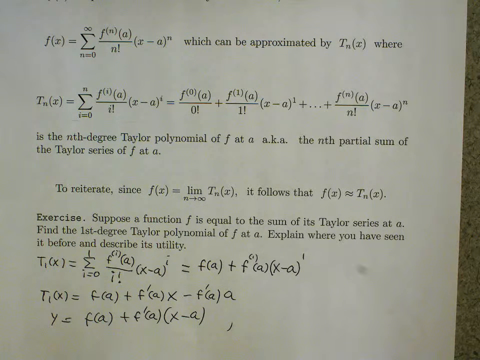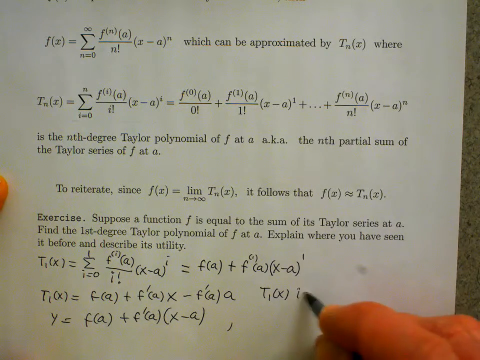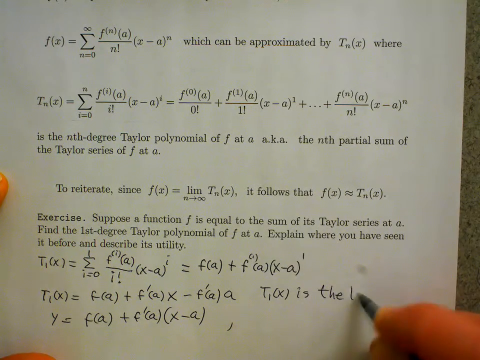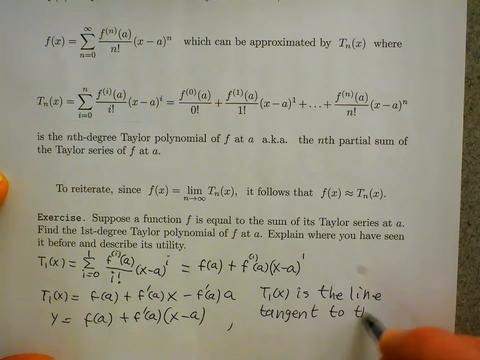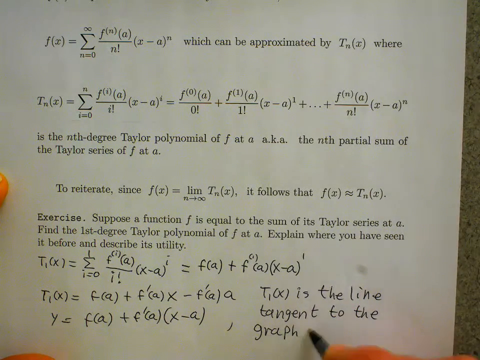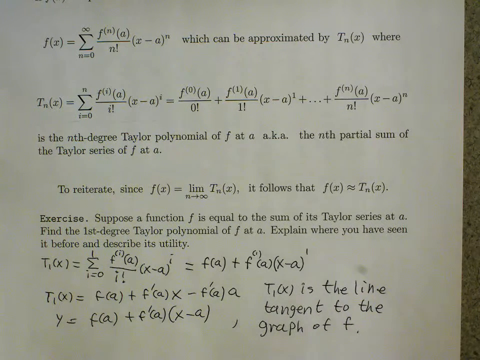It's a line that's tangent to the graph of the function f at a particular point. So T sub 1 of x is the line tangent to the graph of f. Okay, so let's move on to the next example.